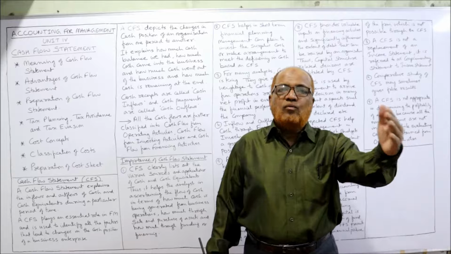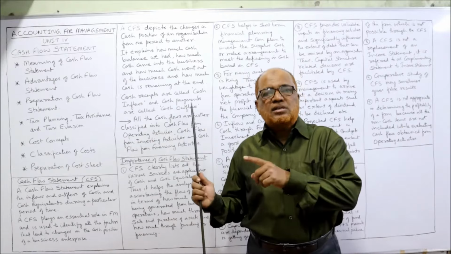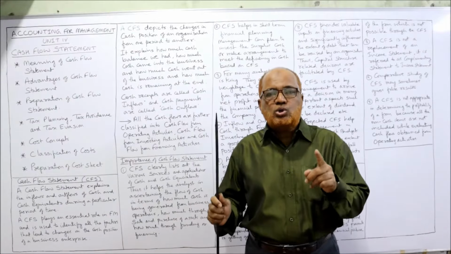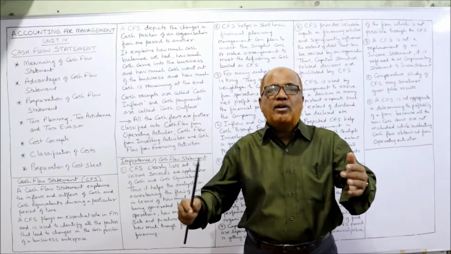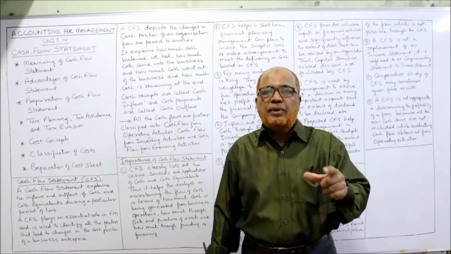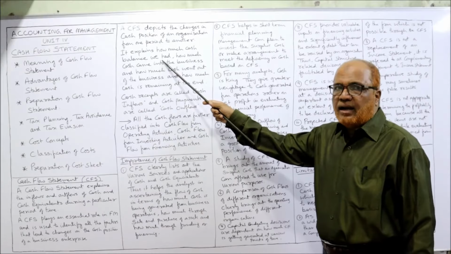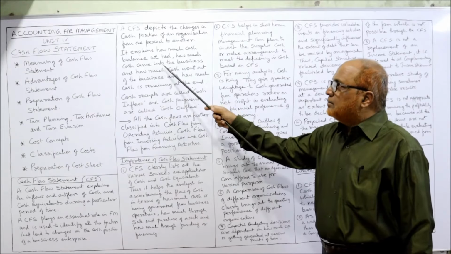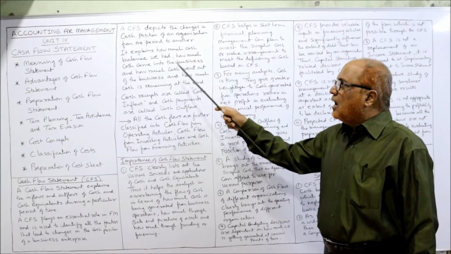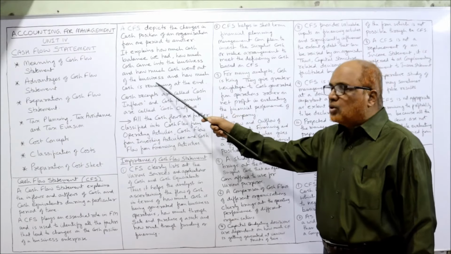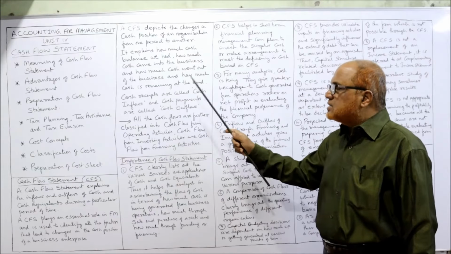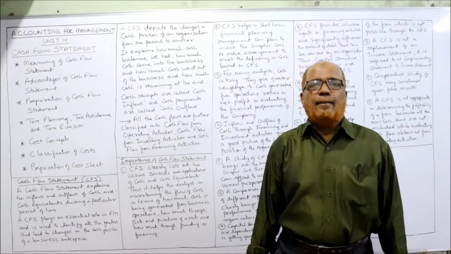Inflow of cash, outflow of cash. So this cash flow statement depicts the movement of cash during a period of time. It explains how much cash balance we had, how much cash came into the business, how much cash went out of the business, and how much cash is remaining at the end.